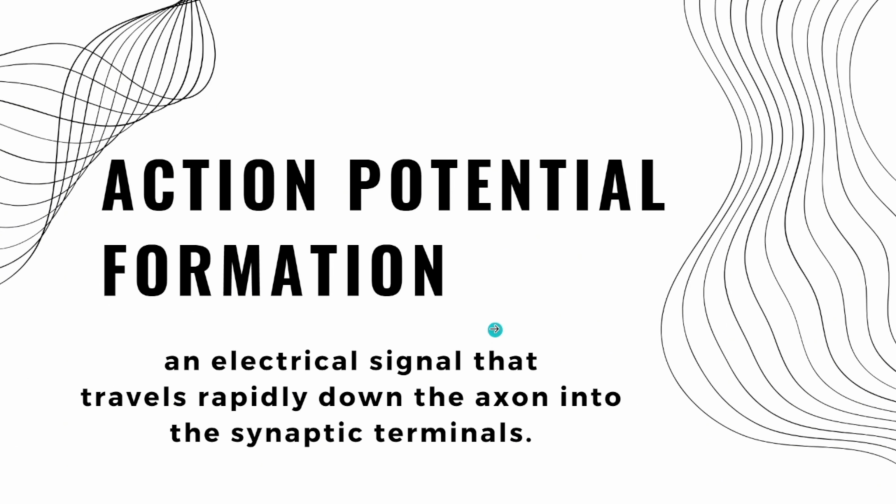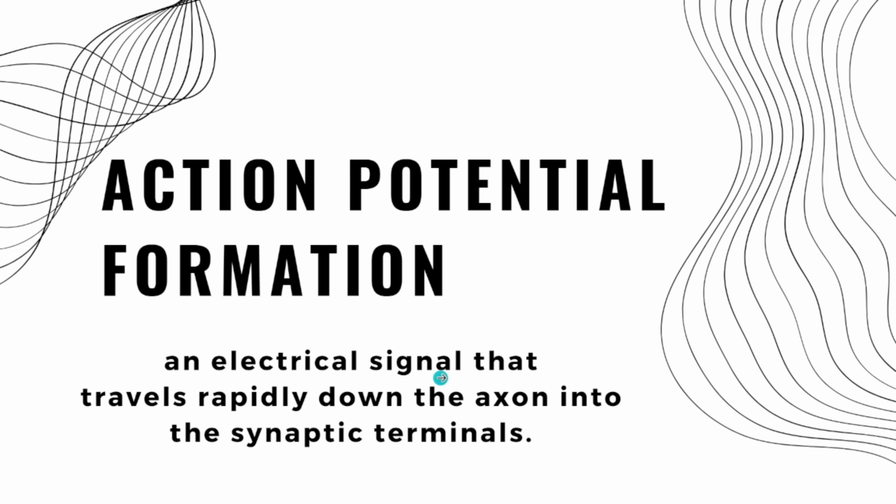Okay, now when you have a signal, when your receptor, something like a chemoreceptor, has received the signal, your neuron starts to transmit this signal to the central nervous system, right? How this signal forms, we call the action potential.